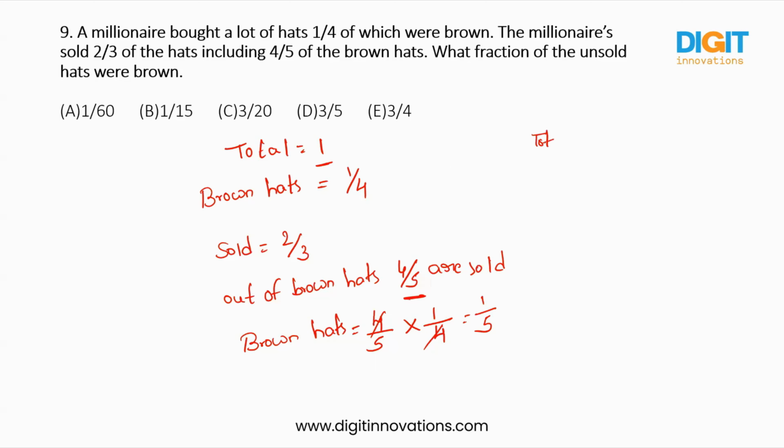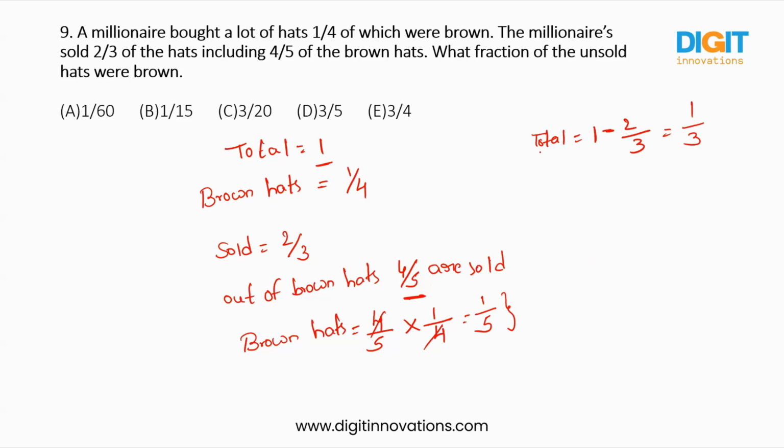And total, how many are there? 1. Of this one, 2 by 3 were sold. Then you'll get 1 by 3. We got to know 1 by 5 are the remaining ones.